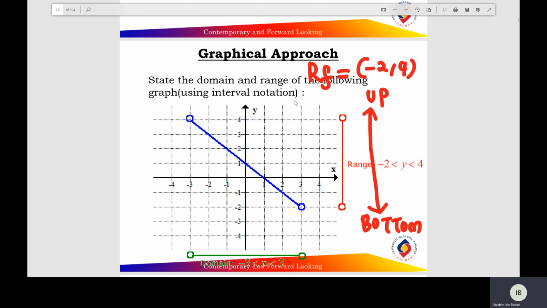The interval here is between 2 and -4, bottom up. So the range of the function starts at the lowest value y equals -2 to y equals 4. So you state the range of the function as -2 to 4.